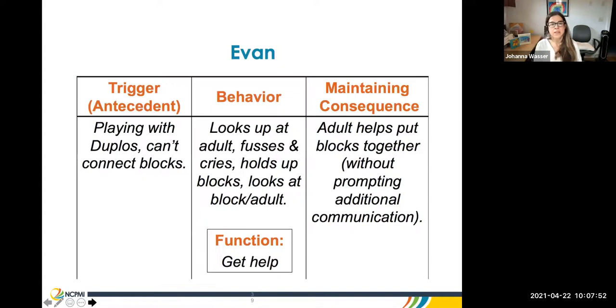Okay, so here, some of you might be familiar with this equation. It's called a behavioral equation, where we're looking at the antecedent, what happens before the behavior, what is the behavior, what happens after the behavior. So here's the trigger: Evan is playing with Duplos, but he can't get them connected, right? Very common preschool situation here.